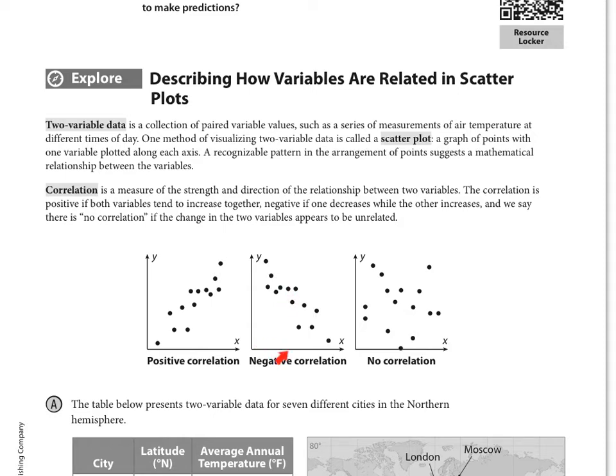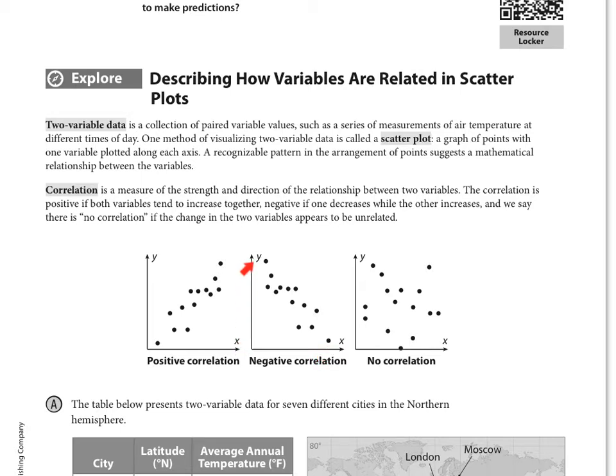Another example here is, what if I labeled my x value as the amount of time that you spend on your device? So if you're on social media, Instagram, Twitter, or playing video games or something like that. Let's say this is only if you spend about an hour on your device or on gaming, and here is if you spend 12 to 14 hours on gaming or on devices and social media.